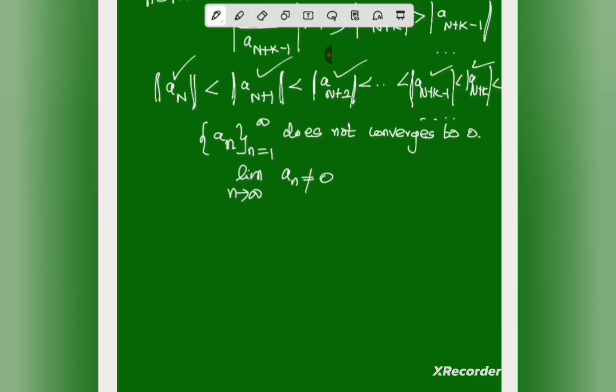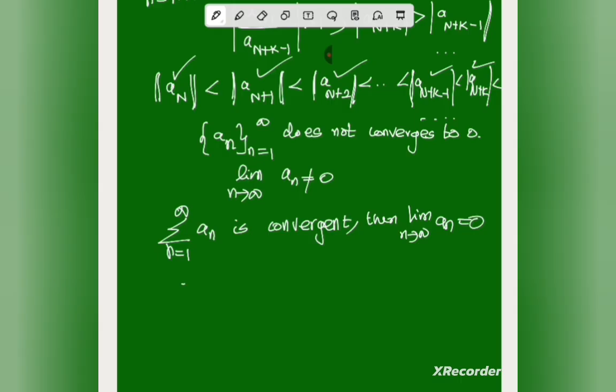There is a theorem we have studied. The theorem says that if the series summation n equal to 1 to infinity, a_n is convergent, then limit n tends to infinity, a_n equals 0.